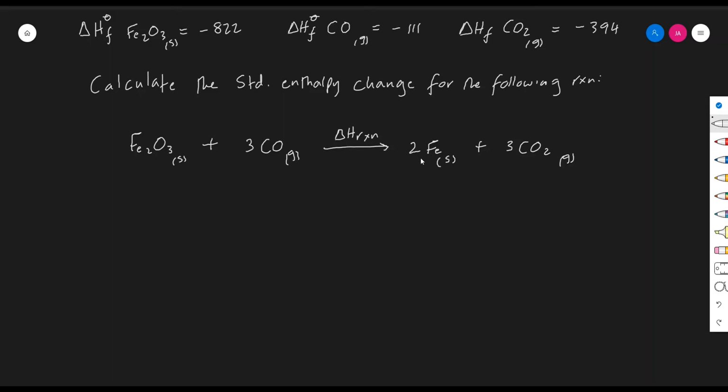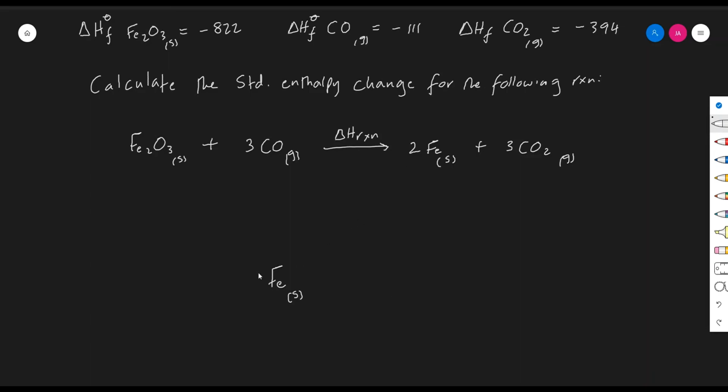The first step you would take to construct an energy cycle using enthalpy change of formation values is to place the elements that make up either the reactants or products down here, which would represent the intermediate. I'm going to use the products. They are the same moles of atoms in the products and reactants, so you can use either. So I have iron, and iron's elemental form is Fe solid, because I need to add the elements that make up the products here.